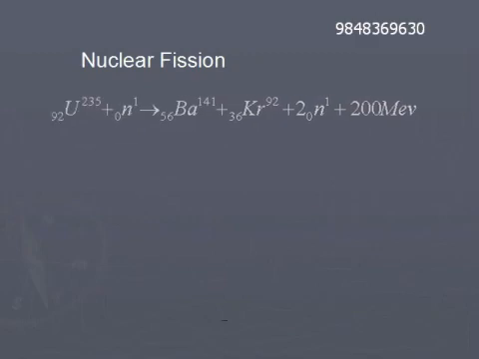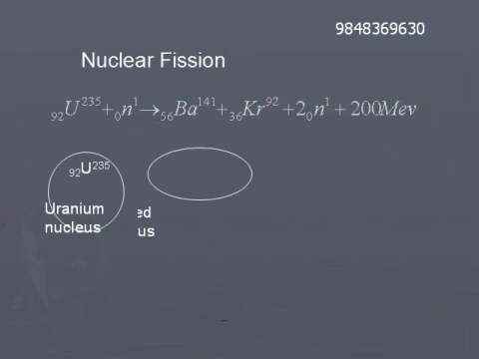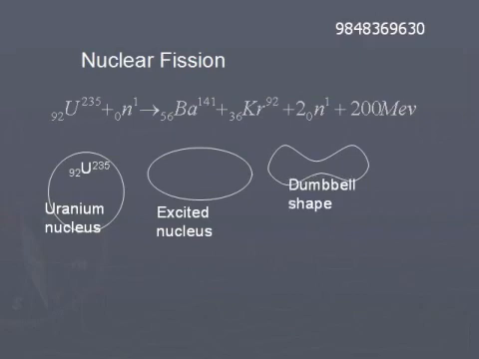We imagine that the uranium nucleus is spherical in shape. When it absorbs a neutron, it gets excited, and thereby it deforms from spherical shape into an oval shape.